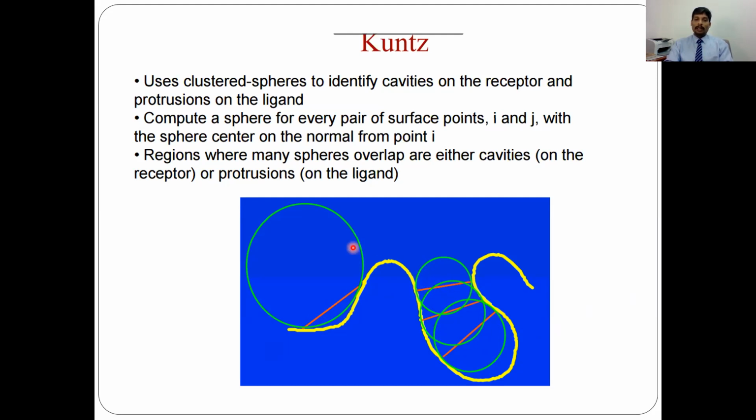Based on rolling these different sizes of circles and matching the distance between the two surfaces of the protein to the circles, the software can understand where the grooves are present on the surface of the protein. So there are cavities on the protein.